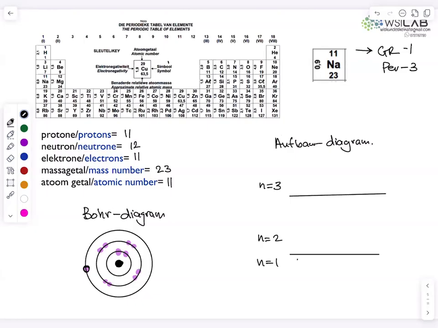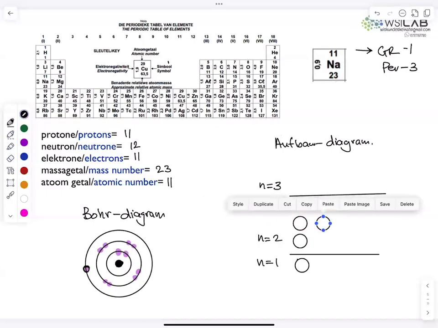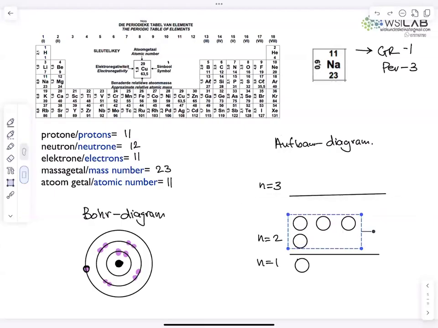So it would be 1, 2, 3, 4. I'm just copying and pasting.